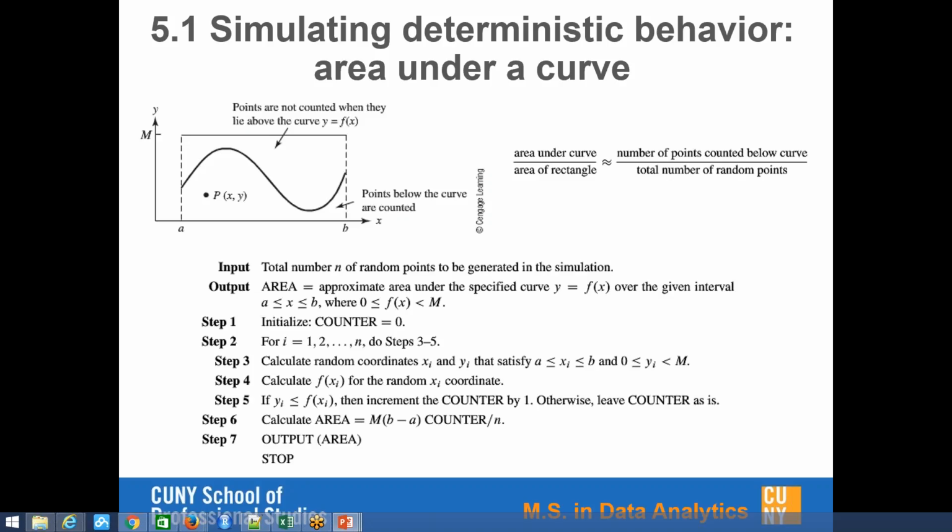If you have a square and an inscribed circle, we can use simulation to get what percentage of all the points would be in the circle, and then we can use the ratio between the circle and the square to get the relationship, find the percentage, and then approximately calculate pi.